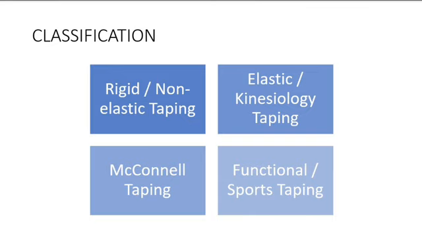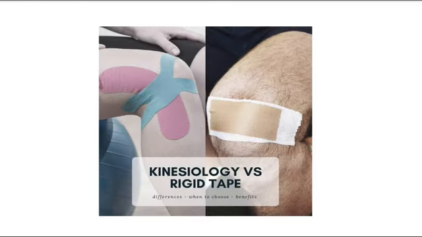Next, classification. Taping can be broadly classified into rigid or non-elastic taping, elastic or kinesiology taping, McConnell taping, and functional or sports taping. Rigid or non-elastic taping provides firm support and restricts excessive movement, which is useful in ligament injuries and joint stabilization.